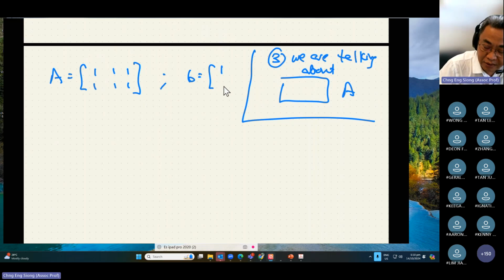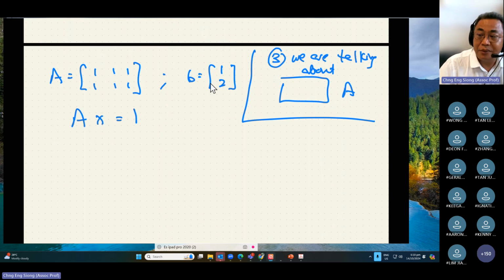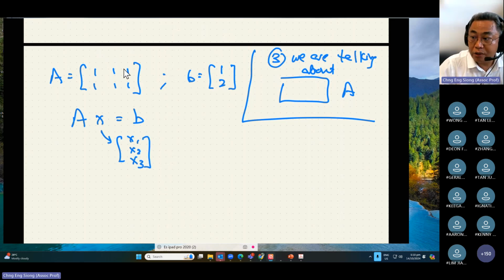No more 3, friend. Since there are only 2 rows, there can be only 2 entries in B, because Ax equals B. We're trying to find x. If A is 2 by 3, x must be x1, x2, and x3, since there are 3 columns.